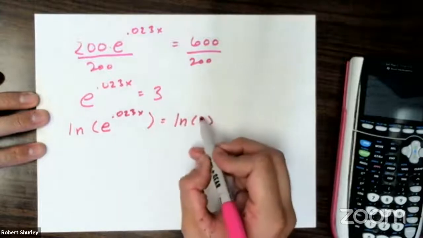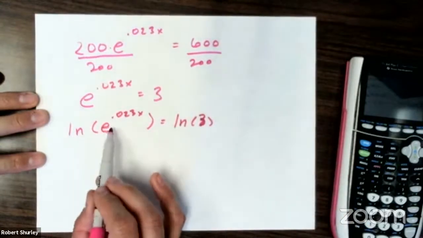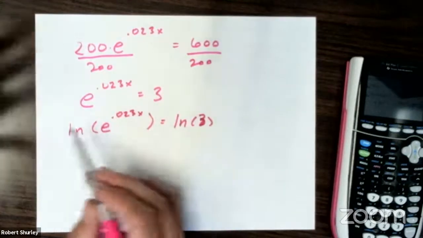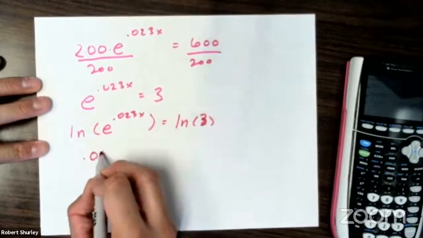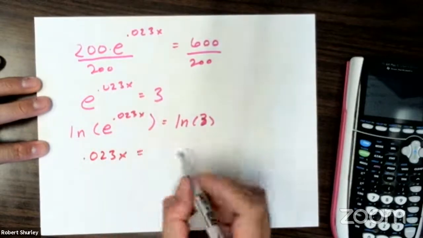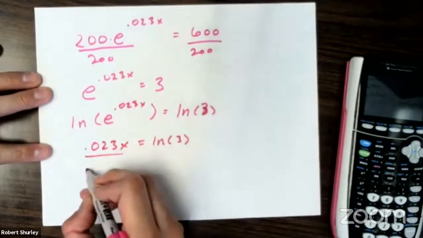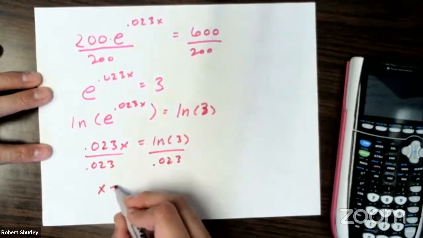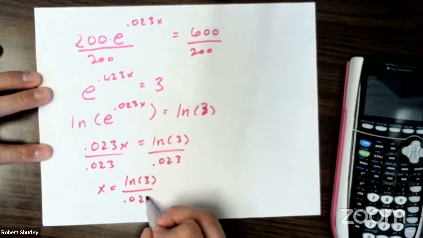Because it's an e, it cancels. If this was like 2, we would bring it out front and do what we did before. But the ln and the e are nice because they cancel out and it leaves you with 0.023x equals ln of 3. I'm going to divide by 0.023, and I get x equals ln of 3 over 0.023.